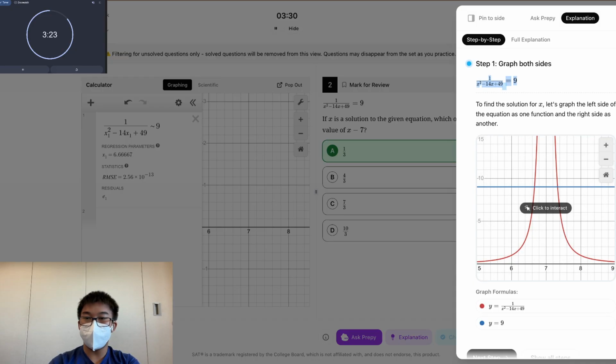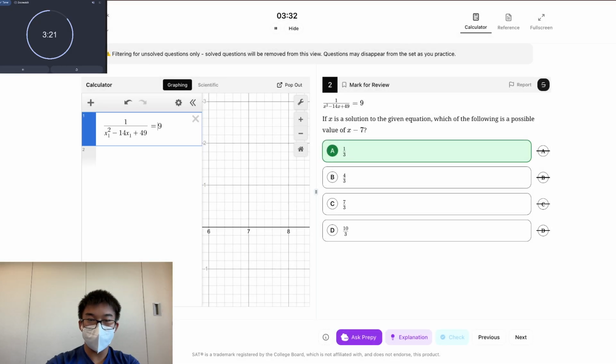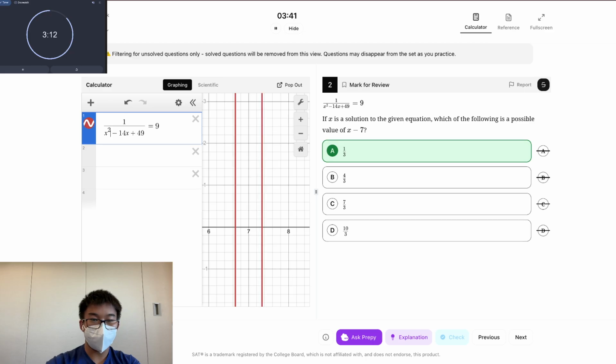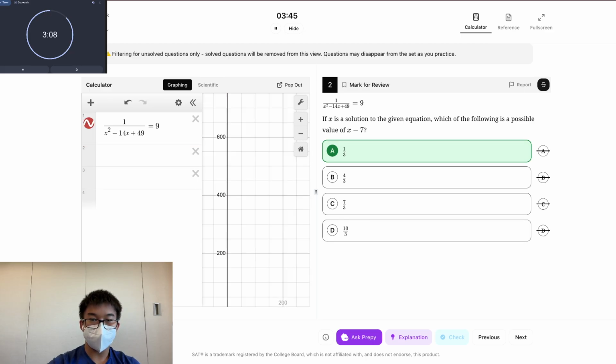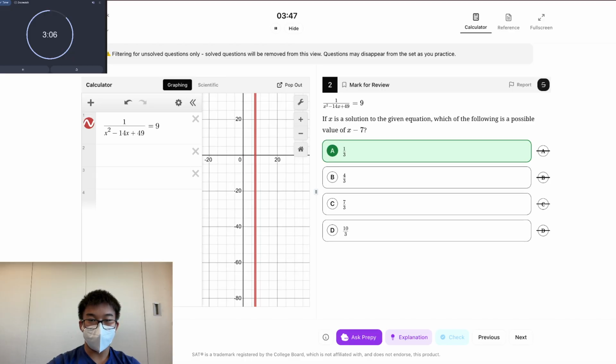Oh, when I graph it, it doesn't look like that. What the hell? Wait, stop. Let's see real quick, maybe I did this wrong. Yeah, that just looked like a straight up curve going up.